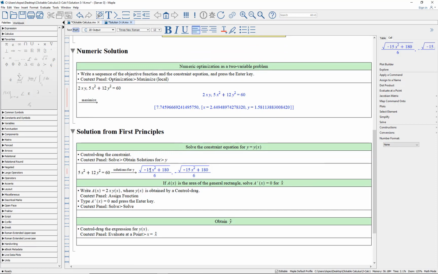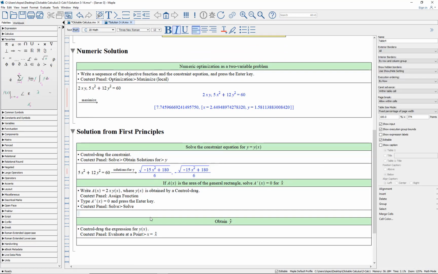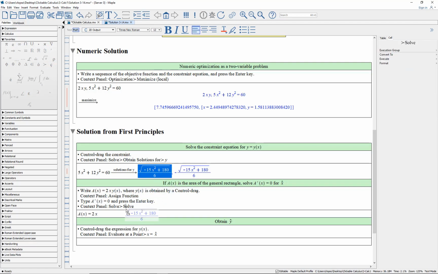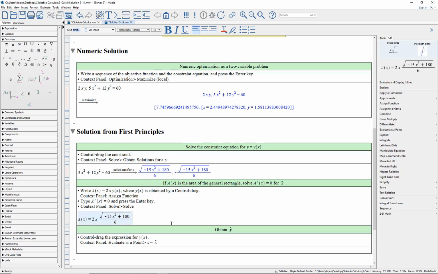We want this first branch. The area function will be 2x space, and I'll just drag this stuff down. That's the y. And I want to make this a function.